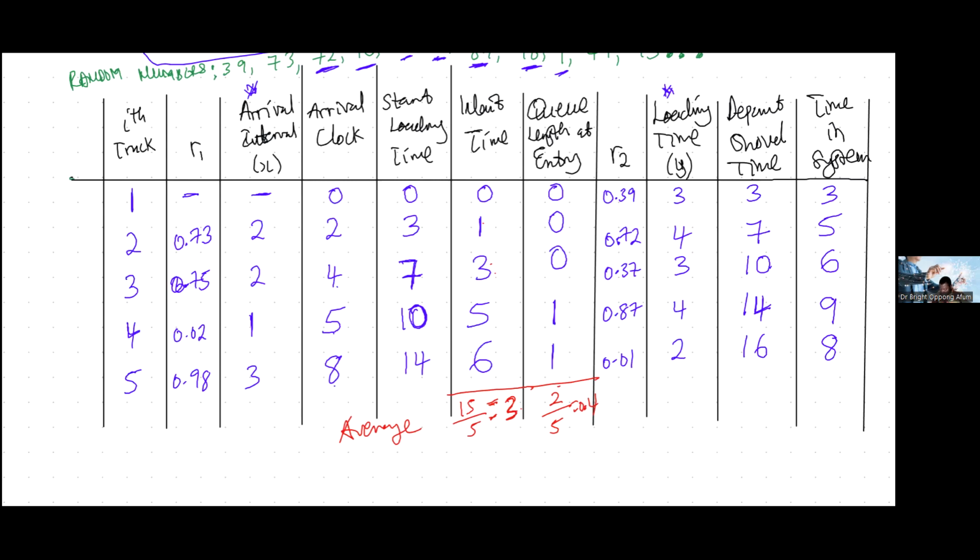So that will be 5, 11, 20, 28, 31. That will be 31 on 5, right? And we'll have 6.2.